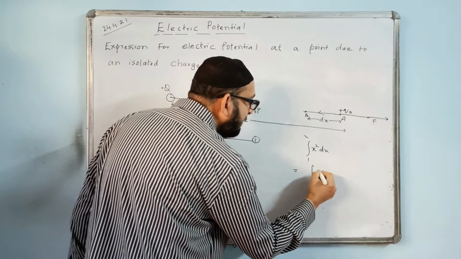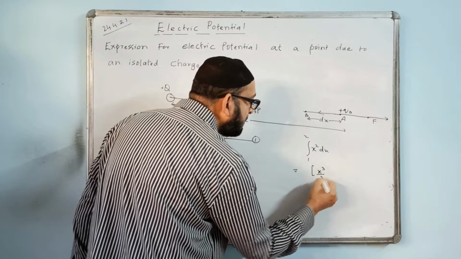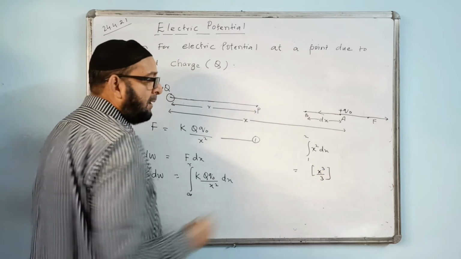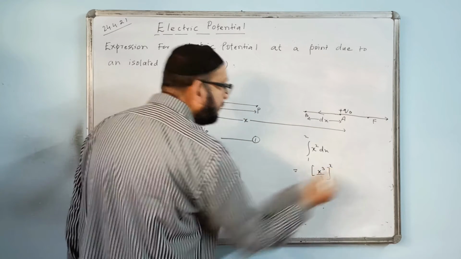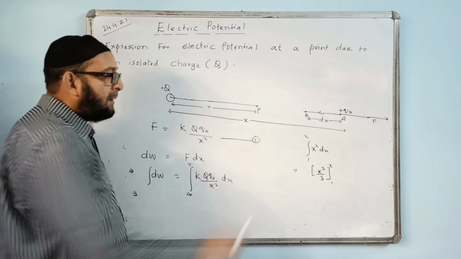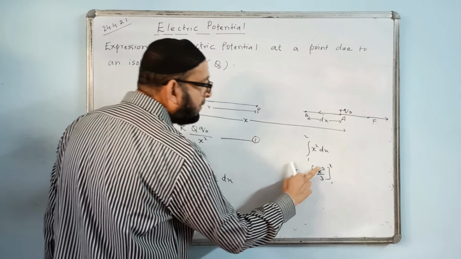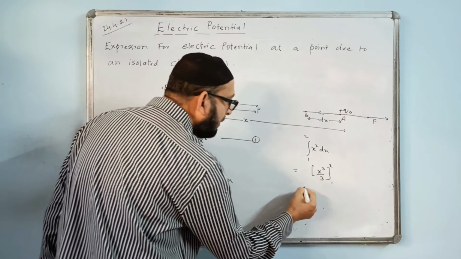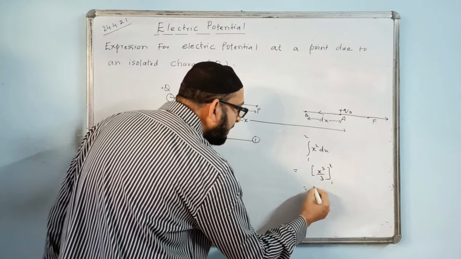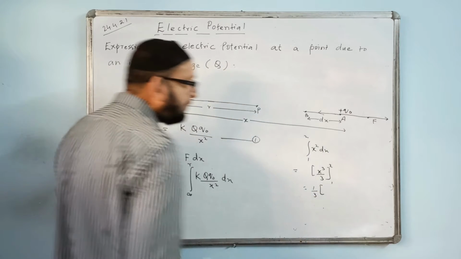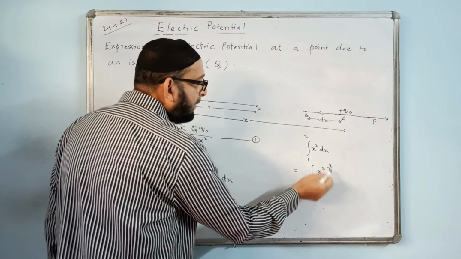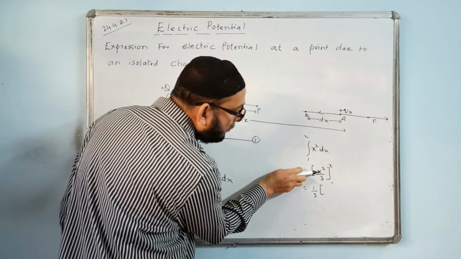Integration of x square dx will come x cube by 3. So I write that first, and the limits I will just copy, 1 and 2. Integration of x square, power is 2, so it becomes 3 upon 3. Now this number I will keep outside. The lower limit and upper limit values we put. x has got two different values.